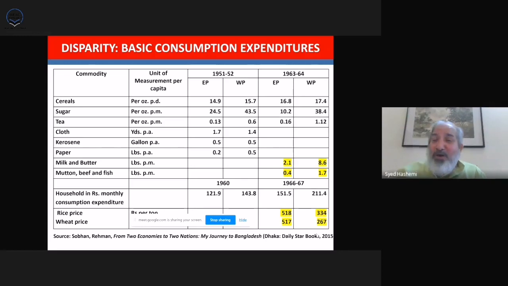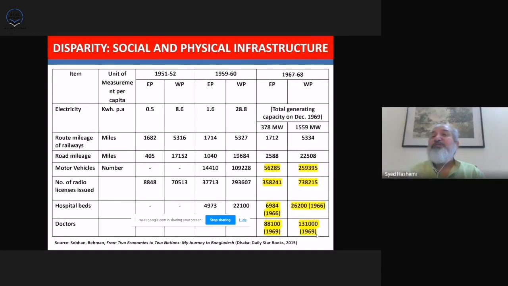So not only were the West Pakistanis earning more over the years, but they were also purchasing commodities at far cheaper prices than in East Pakistan. Even when things used to be grown in East Pakistan, they would be made available in West Pakistan at a cheaper rate. That was one form of exploitation.